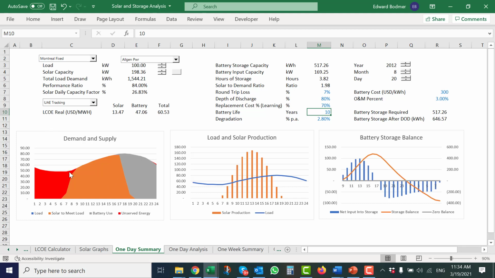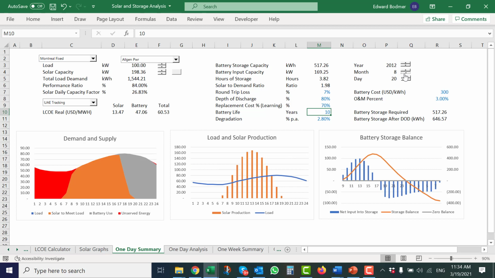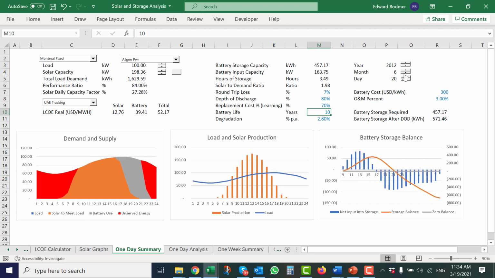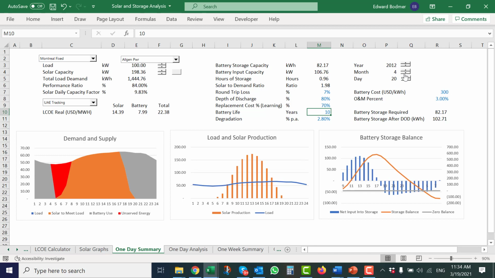So look, in this case we didn't use tracking, and in August we had a nice sunny day, but let's put a different day in. They're all sunny.